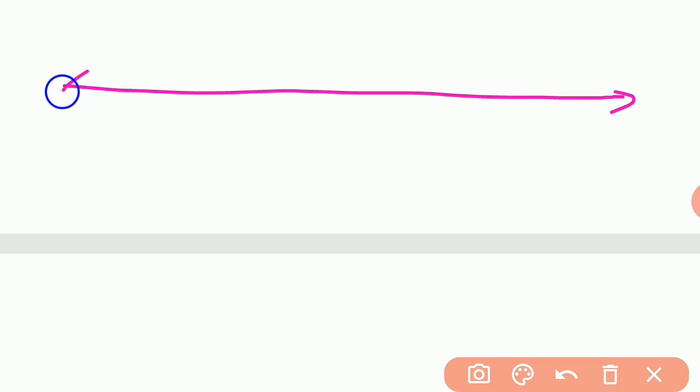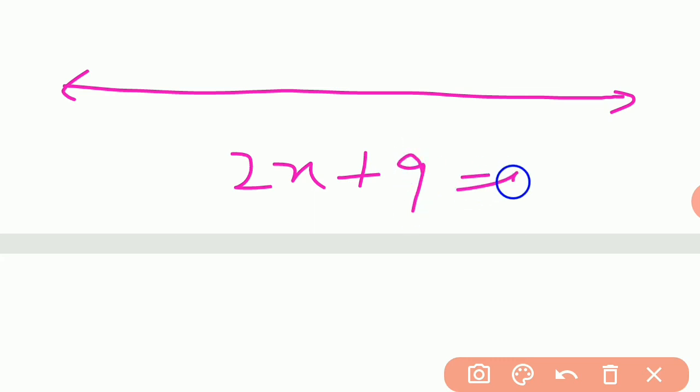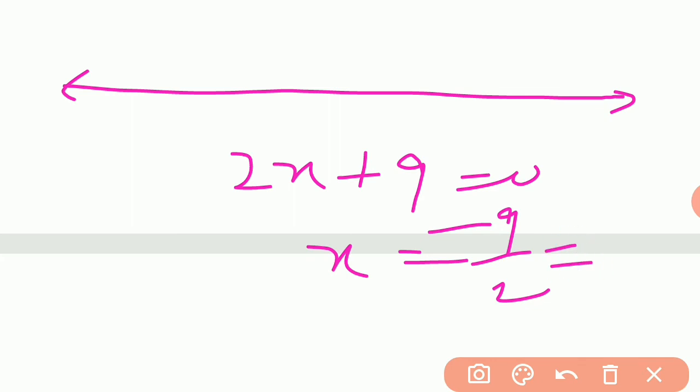When we draw it in one variable, simply we will draw a number line, and the given equation is 2x plus 9 equal to 0. So x equal to minus 9 by 2, equal to minus 4.5.